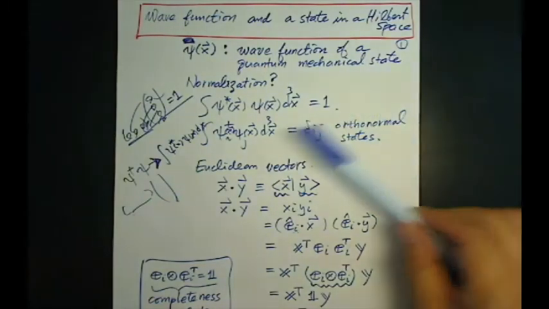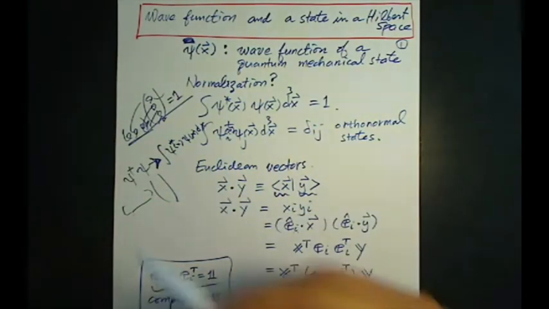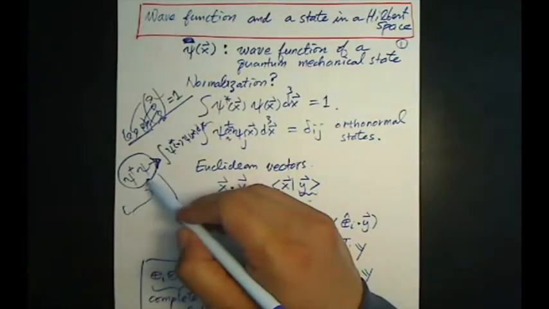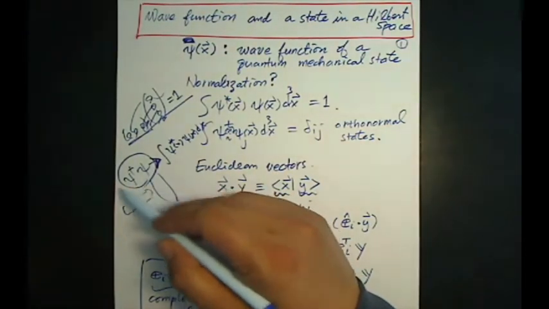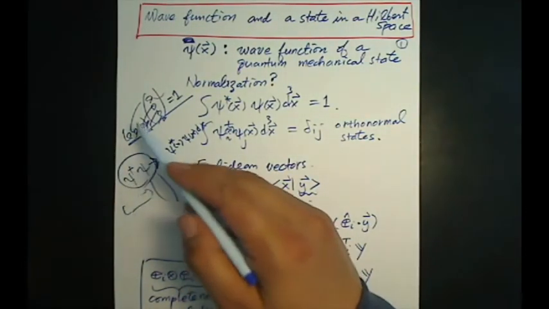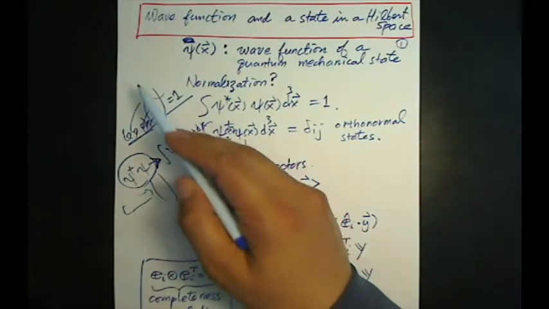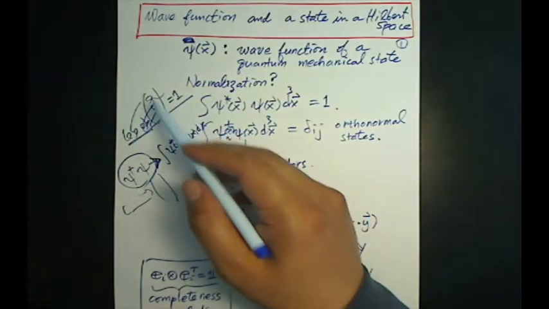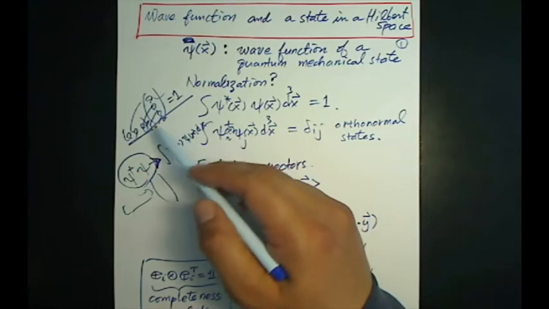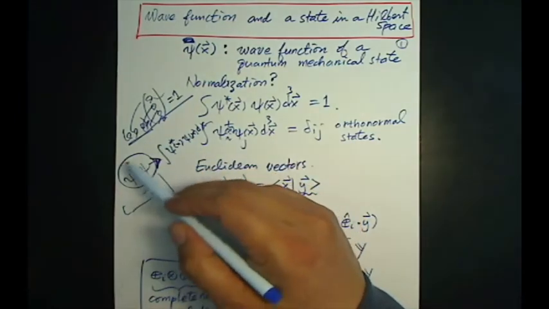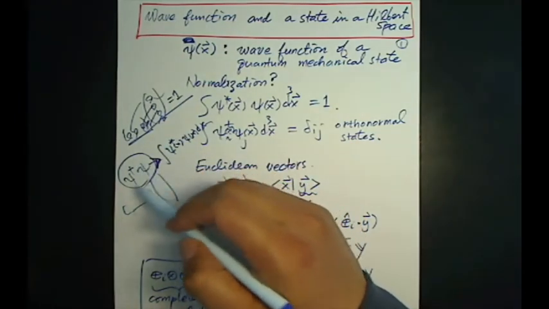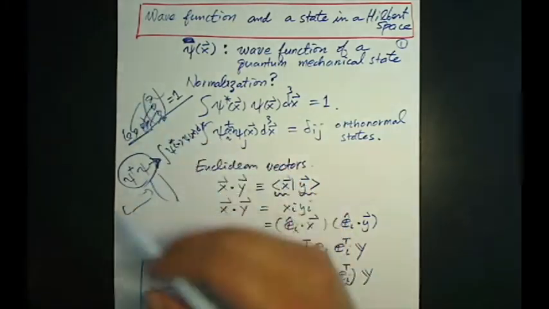So in the finite case, we have this kind of representation to list up the vector of n components, and to have a scalar product of the two states like that.